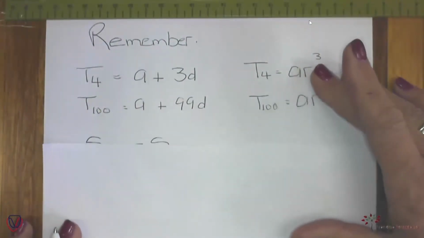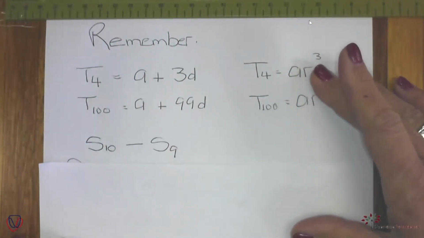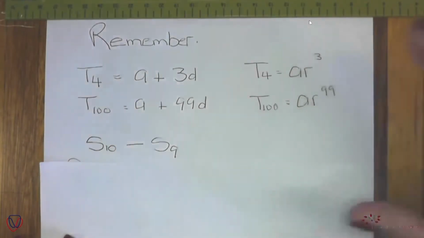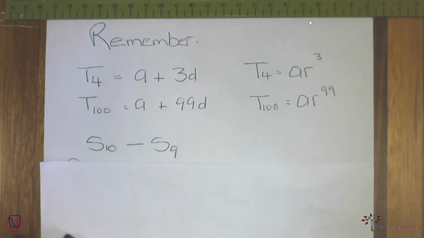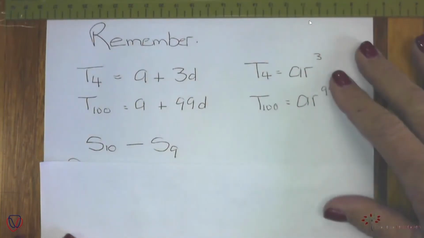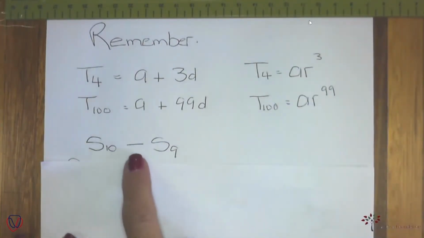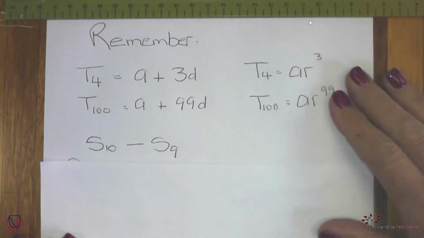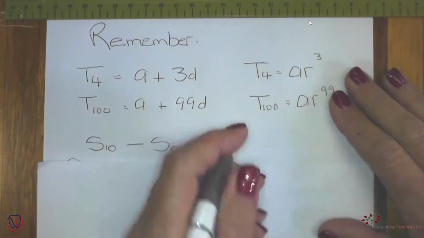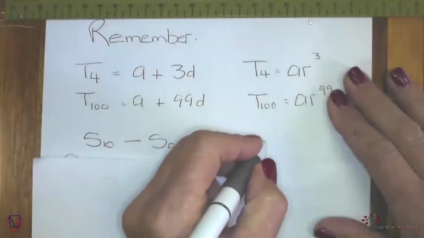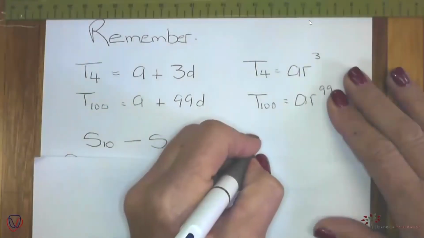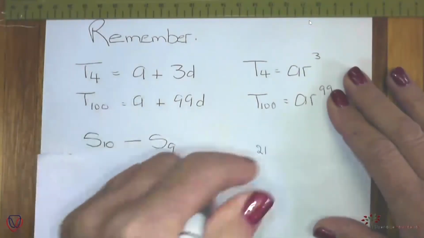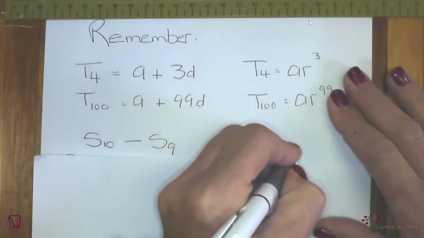And then there's another thing that I didn't pick up in these sums. If they say determine, this is a pattern or a series, determine S10 minus S9. What are you going to do there? Now, people, if you think about a series and you've got, say, for instance, your S10 was 21 and your S9 was 16.